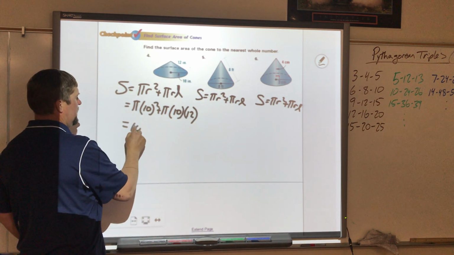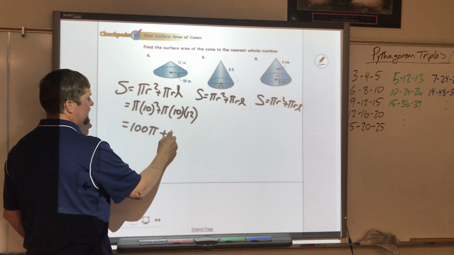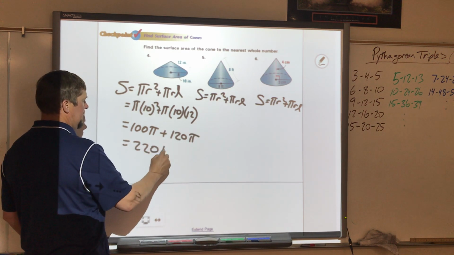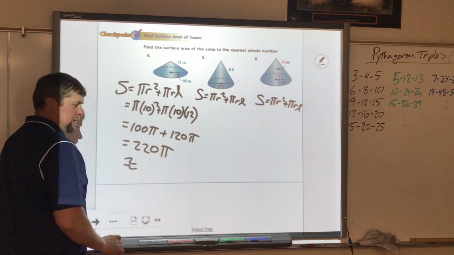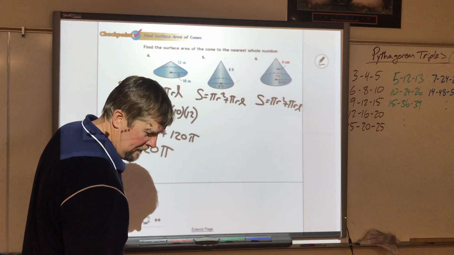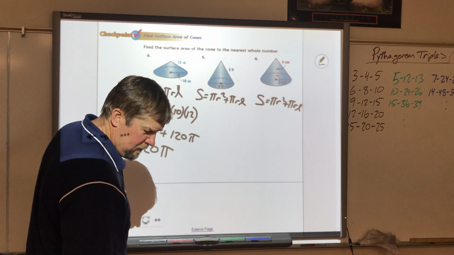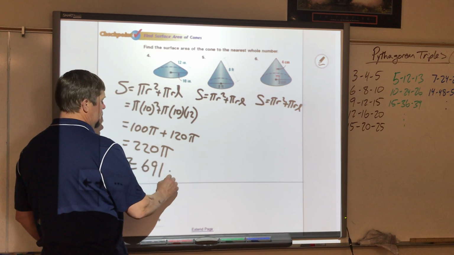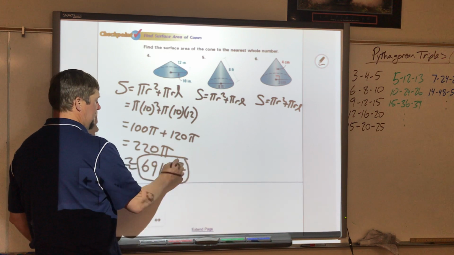So this is 100 pi plus 120 pi, which is equal to 220 pi, which is approximately 220 times pi, 691 inches squared.